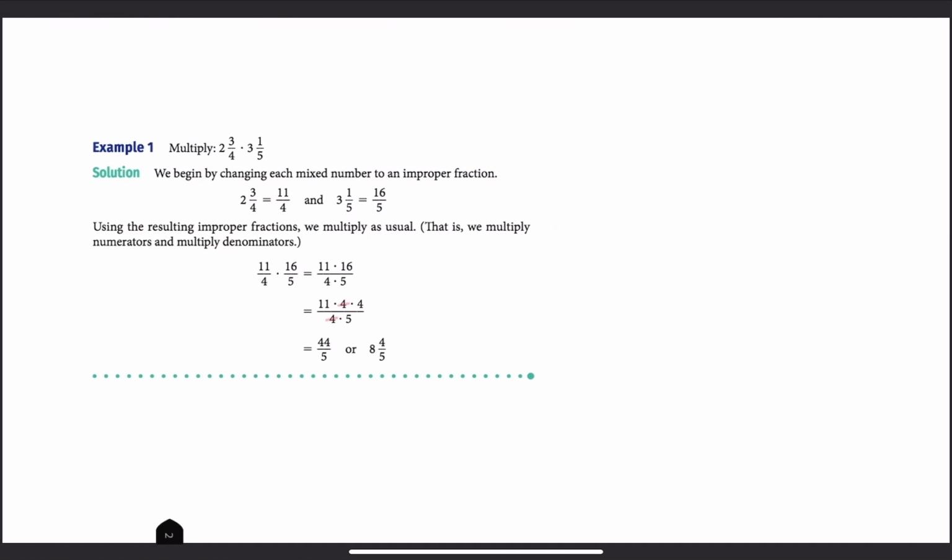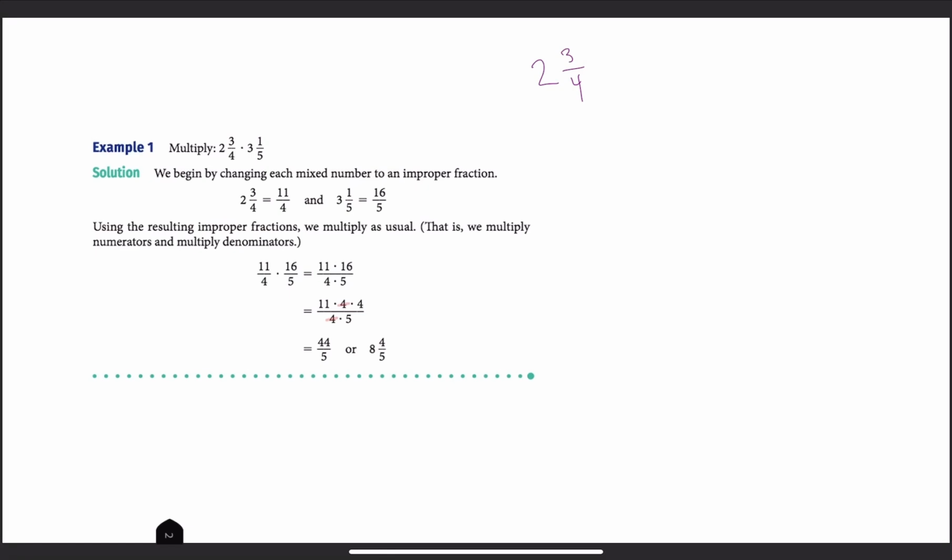So the first thing we're going to do is multiply. When you're multiplying mixed numbers, you're going to turn your mixed numbers into improper fractions. It's simply the easiest way to do it. So we'll take 2 3/4.